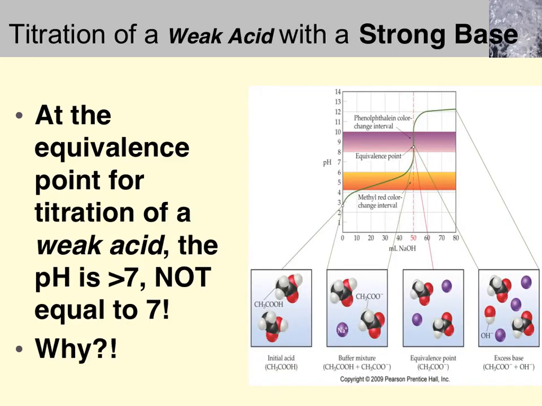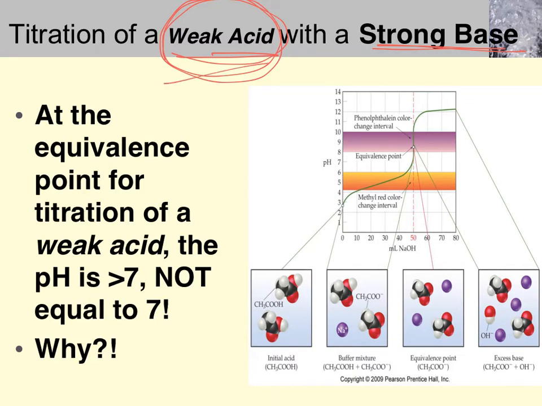All right, now it gets quite a bit more complicated. If you titrate a weak acid with a strong base, or conversely, we always start with an acid, don't we? But if we started with a weak base and titrated it with a strong acid, it would be similar type calculations.